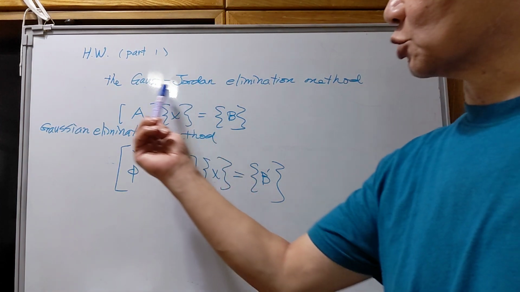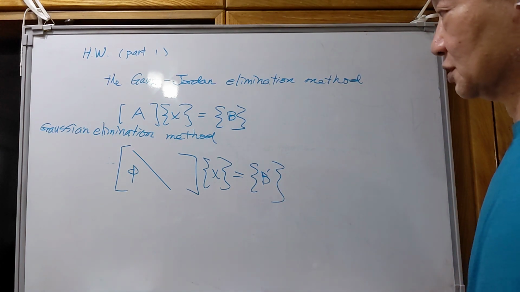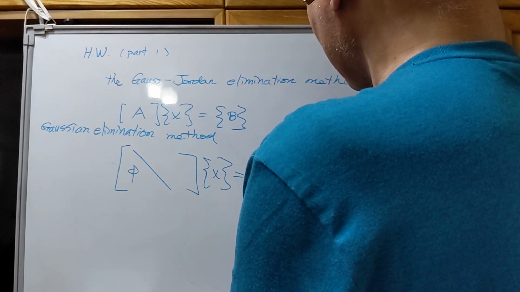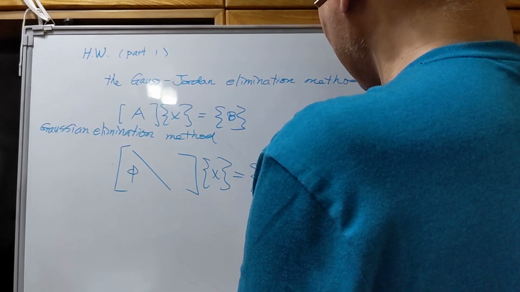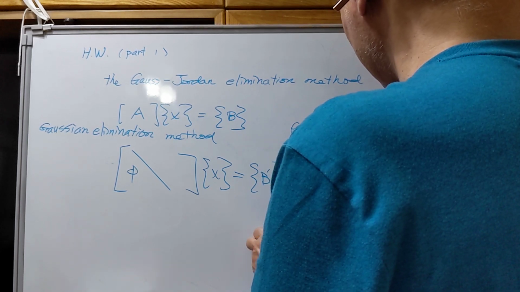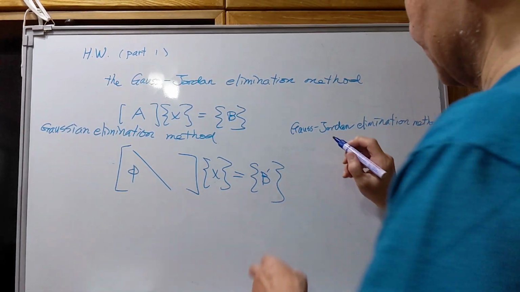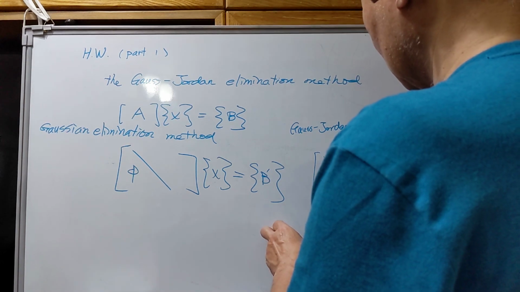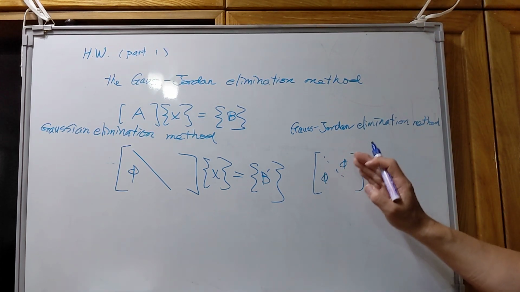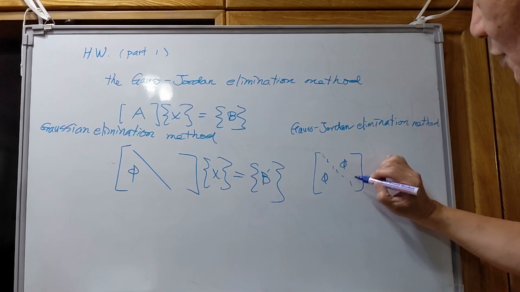But if we use the Gauss-Jordan elimination method, then in the forward elimination, we will make all elements in both the lower triangle and the upper triangle equal to 0. And all the diagonal elements must be equal to 1.